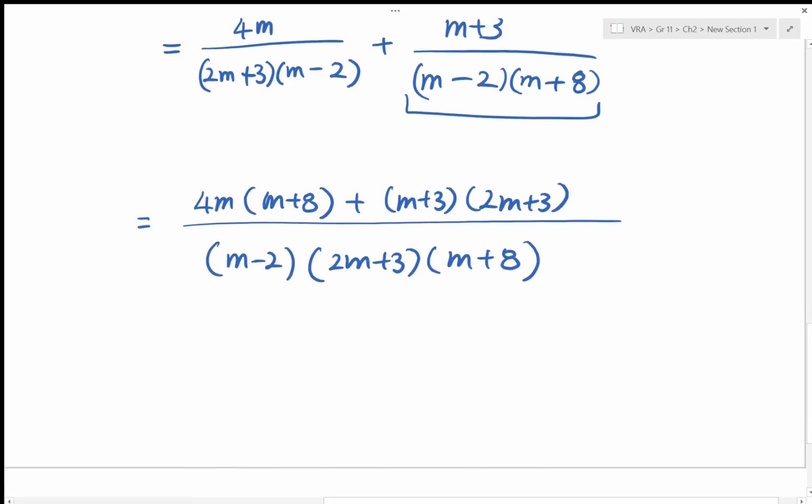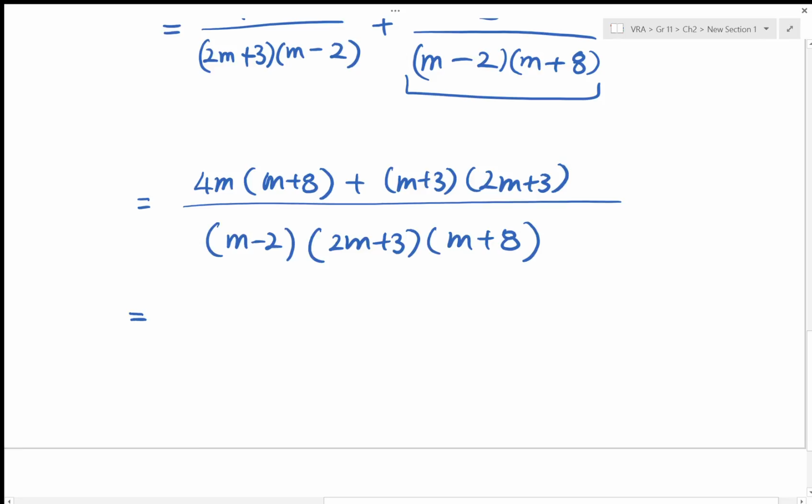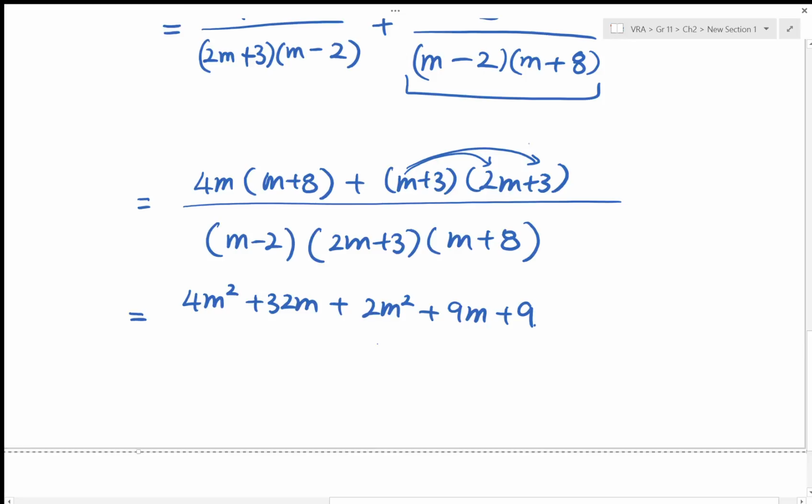So all you have to do now is expand the top, leave the bottom. Then we have 4m squared plus 32m, plus 2m squared plus 9m plus 9. The reason why it's 9m, I just expanded: it's 2m squared, and then this gives me 3m, and this gives me 6m.